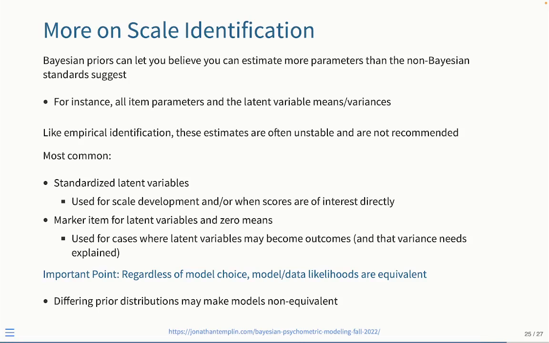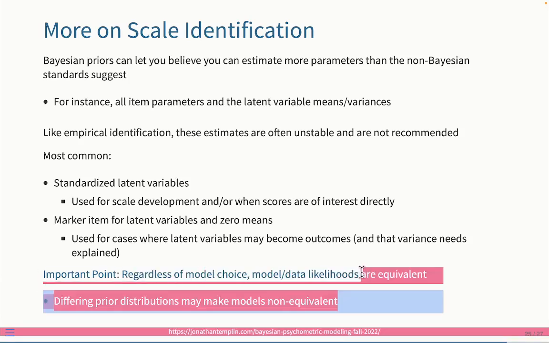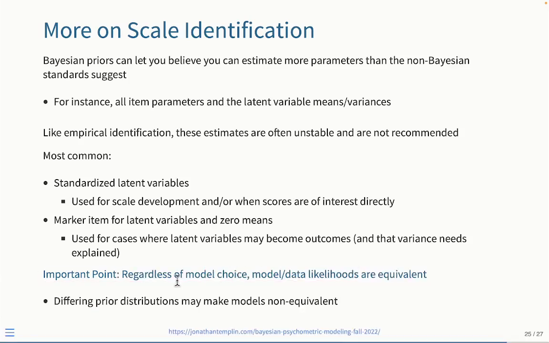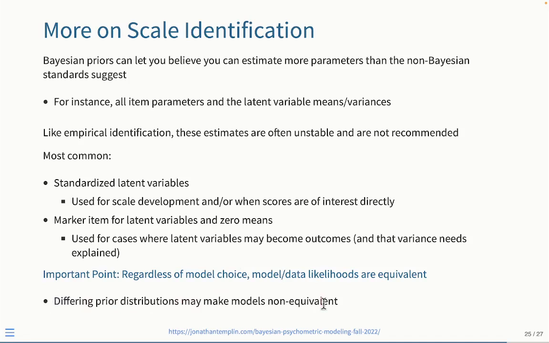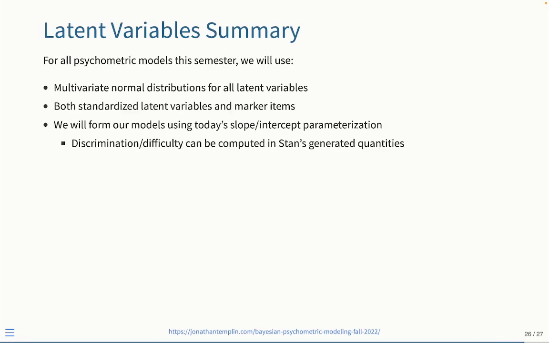So this is the big picture that I put right here. The important point is, regardless of model choice, model data likelihoods are equivalent. Now, the thing that starts to get us a little bit weird in Bayesian is that our choice of prior distributions, particularly on the item parameters, may make models non-equivalent. But we're going to leave this as is for right now.